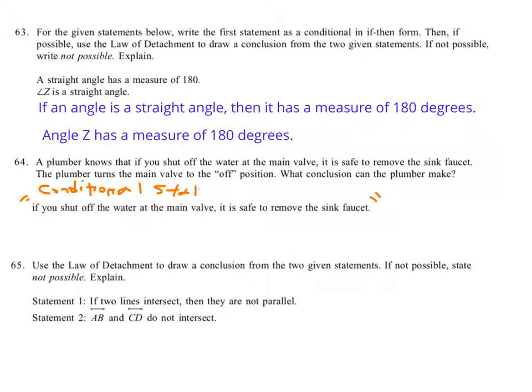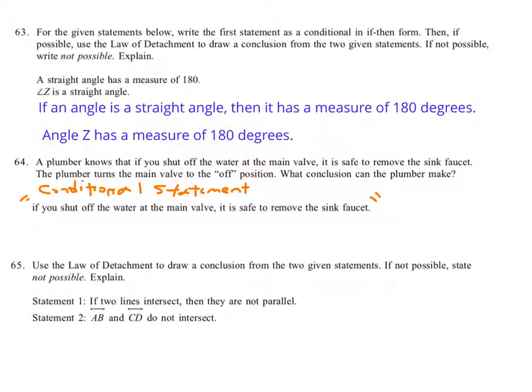So that's the conditional statement. And then do we know that the hypothesis is true? If you shut the water off at the main valve, and then they say the plumber turns the main valve to the off position. Yeah, we know that you shut off the water at the main valve. So if we know this is true, what can we conclude?